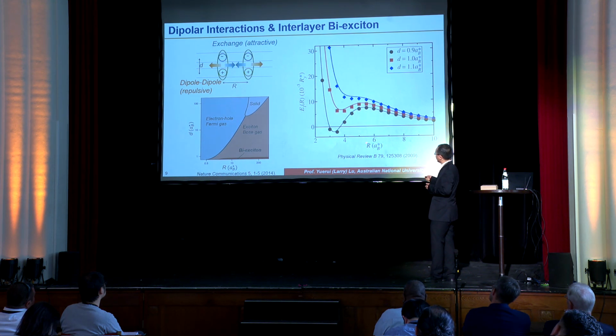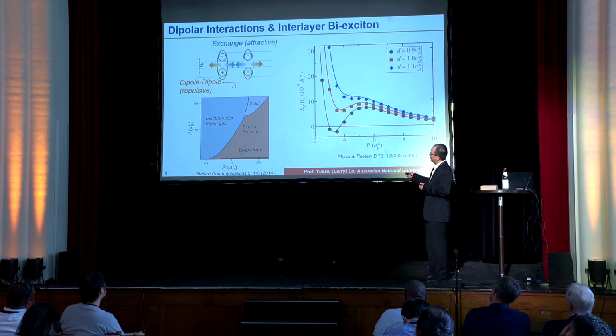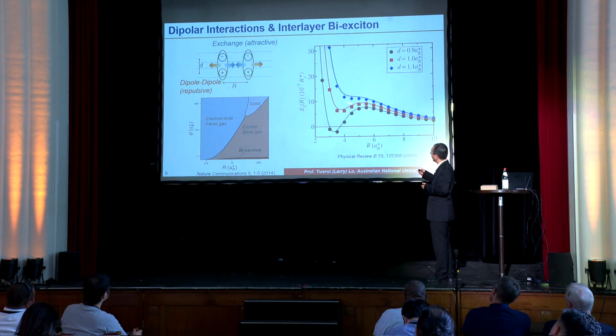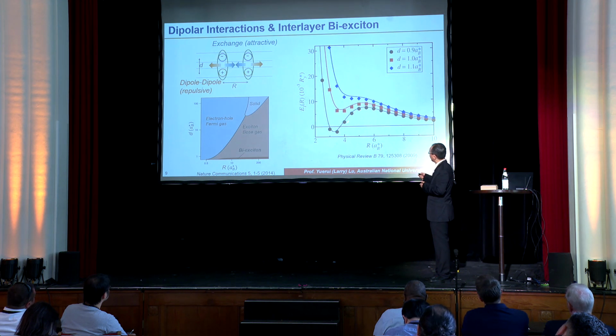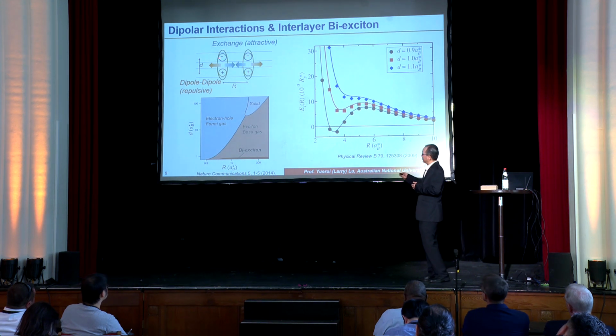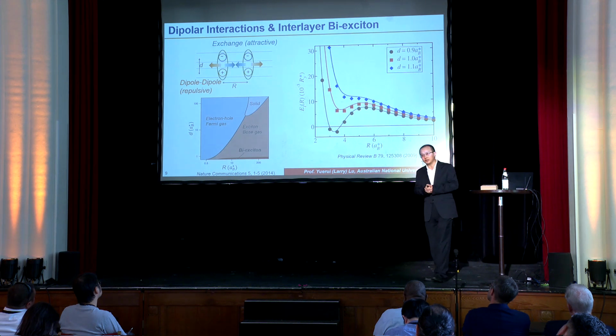Now, if we reduce the distance between those two excitons, you can see a blue shift of the average energy in the system. When those two particles are close enough to each other, this attractive exchange interaction will become dominant, and this will bring the whole energy of the system down from positive to negative. At this point, those two interlayer excitons can bind together to form an interlayer bi-exciton state.